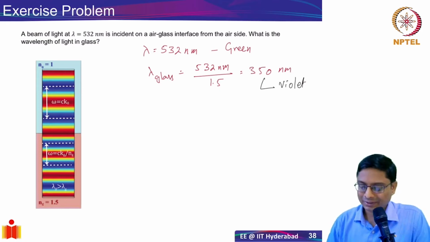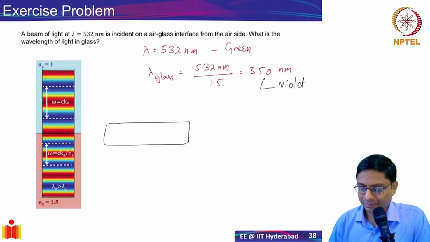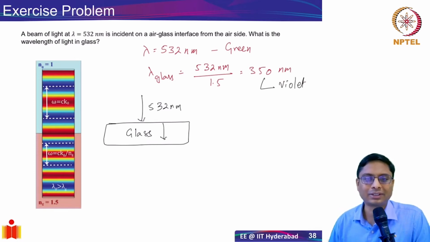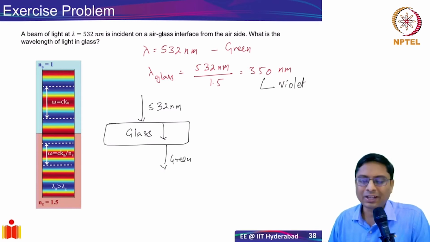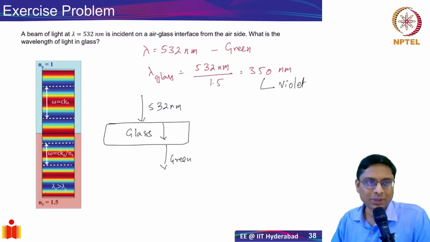If I take a block of glass and I'm coming onto it with 532 nanometers, the moment I go into this, the green light cannot become violet light, and when you come out, it cannot again become green. At least with regular linear materials, it cannot happen. If you have non-linear materials, some of these things can happen, but that's a much more involved process.